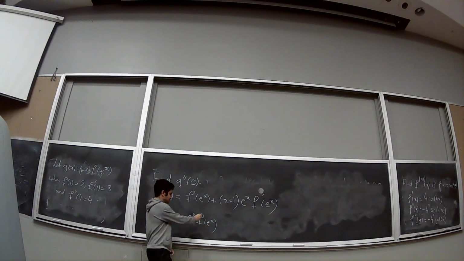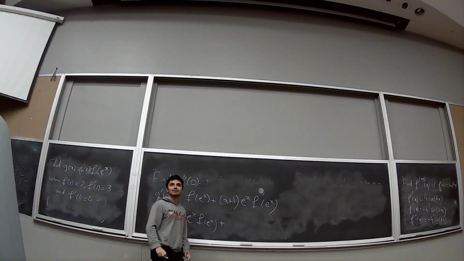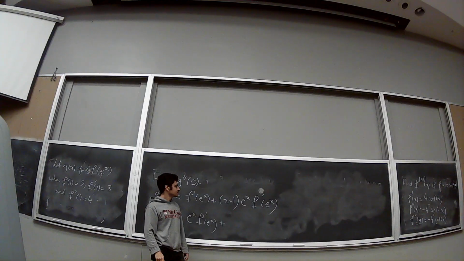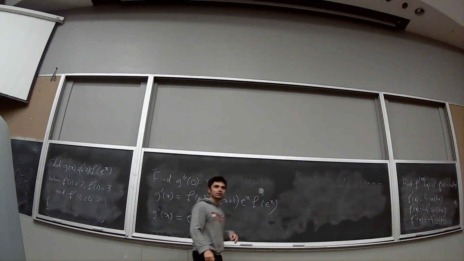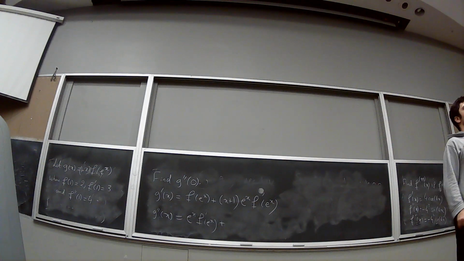And here is the product rule. Plus, product rule: 1 times e to the x, f times e to the x. Okay, very good. So here I have three products, a product of three elements. Did we see any formula for that? No. Do we need any formula for that?